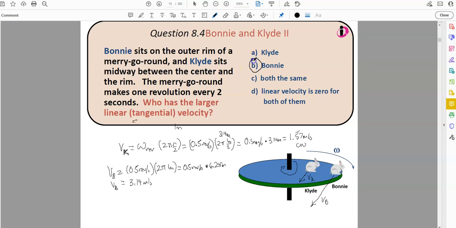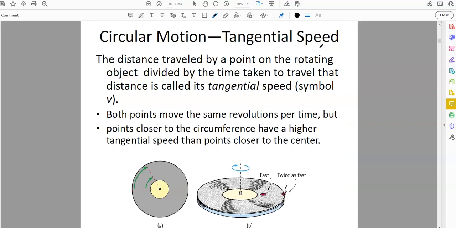Bonnie does. Let me just circle it again. Bonnie. There we go. All right. So here's that explanation right here. These two bugs, it's the same problem. This bug is moving twice as fast as the center bug, the bug at the half radius. Okay.